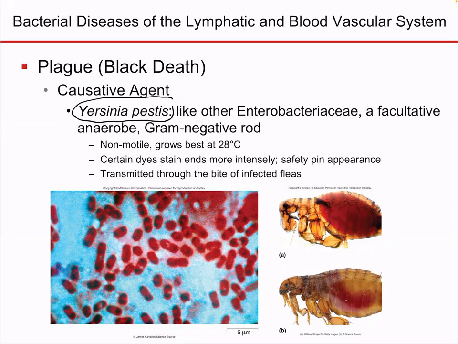So there is DNA evidence that was recently published that Yersinia pestis infected humans 5,000 years ago. We're talking about the Bronze Age, okay? But genetic changes that made it highly virulent did not occur until about 4,000 years ago.